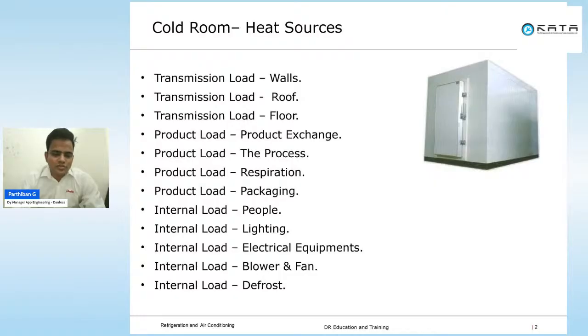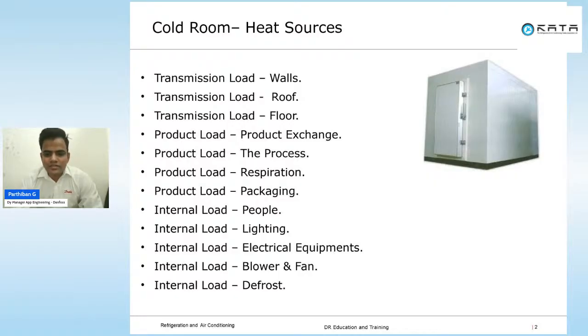These three heat sources will generate most of the heat, which will be removed by our refrigeration equipment to maintain the product at a particular temperature, lower than our ambient. This is how the cold storage will work. We will discuss all these heat sources, and how to calculate the heat load because of them, in detail in the coming slides.